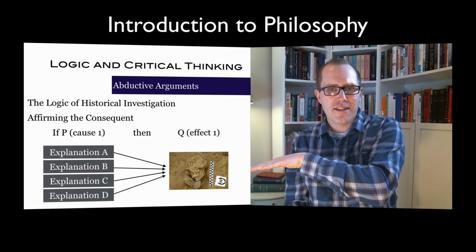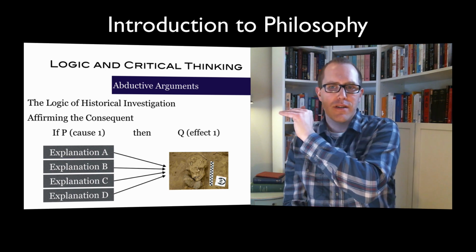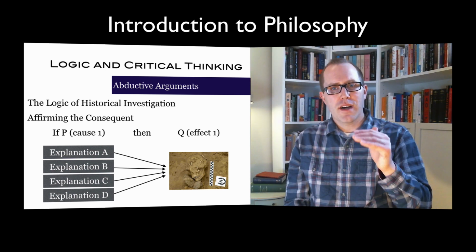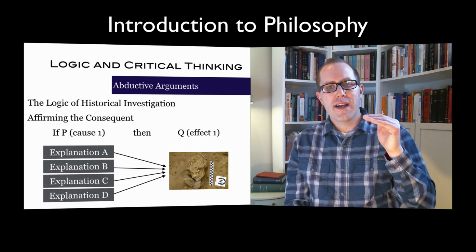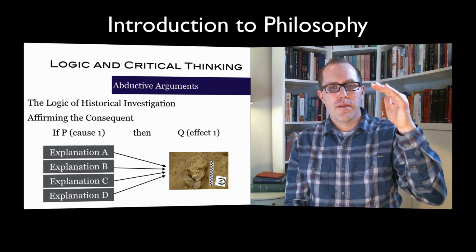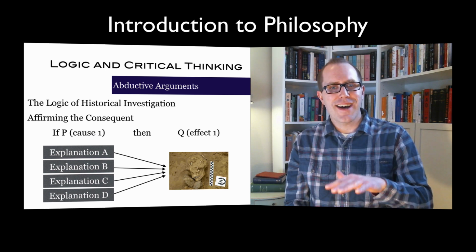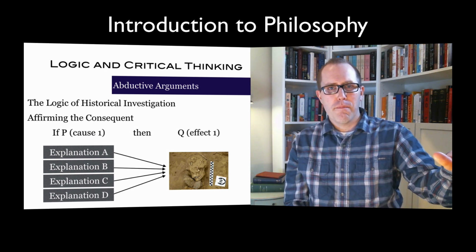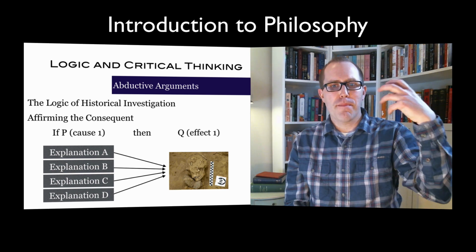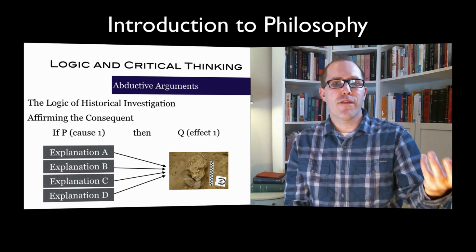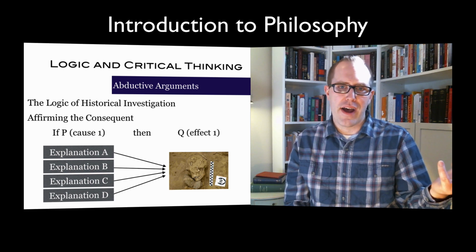What we're trying to do in abductive reasoning is eliminate possible explanations, and so our conclusion, again, is not a certain conclusion, but it's saying this is the best conclusion that we have so far. This is an inference to the best explanation, if you want to call it that.